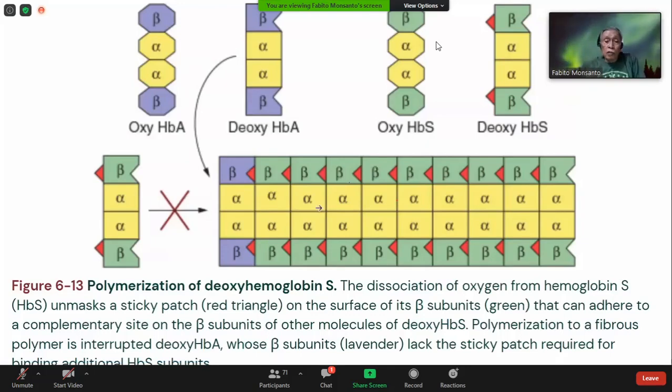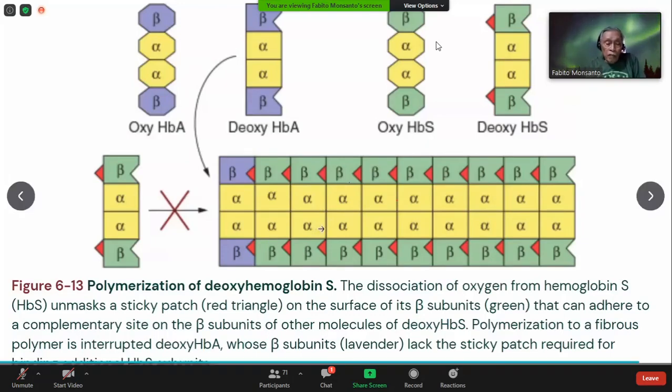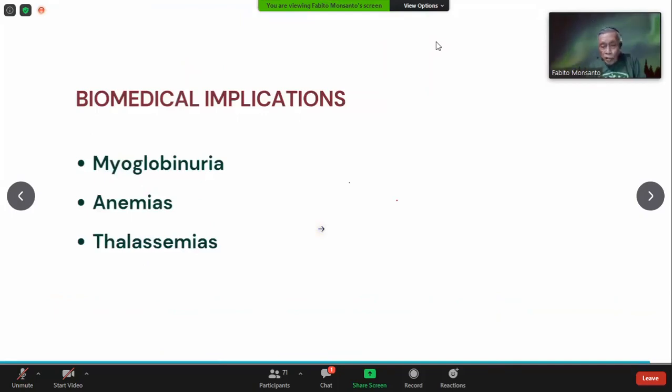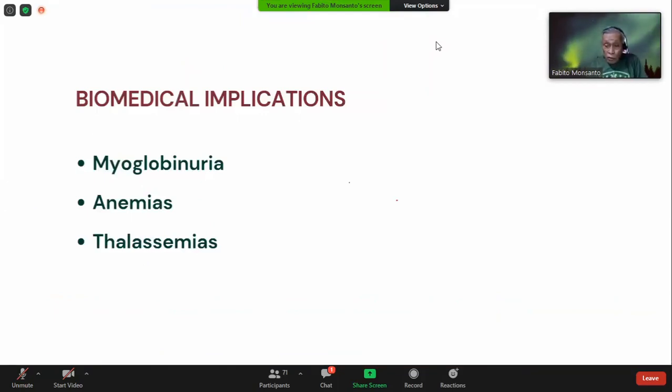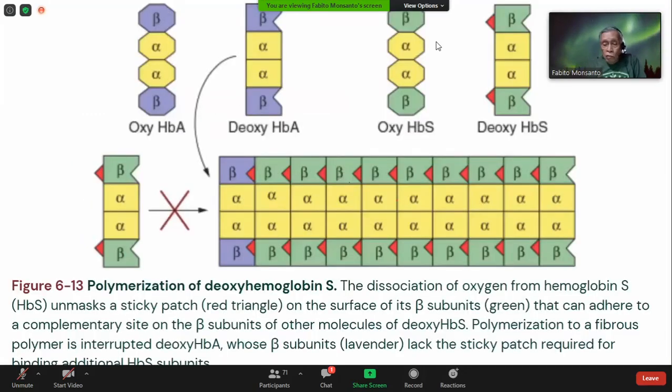And as a result, whenever the hemoglobin, which is full of oxygen, is unloading its oxygen to oxygen-starved tissue, the result is deoxyhemoglobin. And it forms what we call a sticky patch.